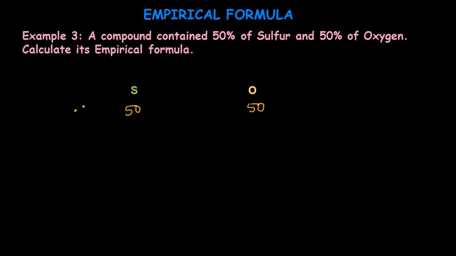So I'm writing percentage here. The next step is dividing by the relative atomic mass of those elements. Dividing by the relative atomic mass of sulfur, which is 32, and for oxygen it is 16, we get 1.56 for sulfur and 3.13 for oxygen.